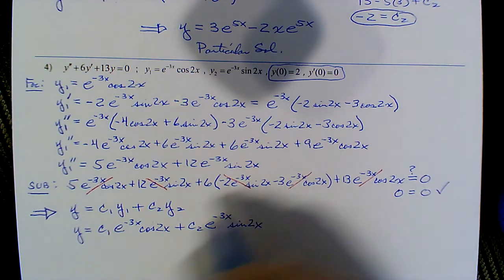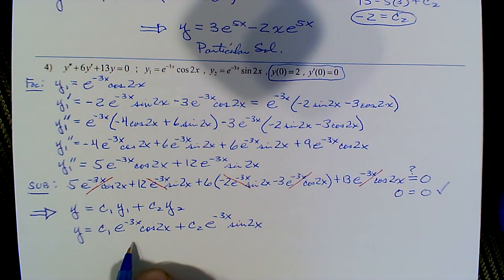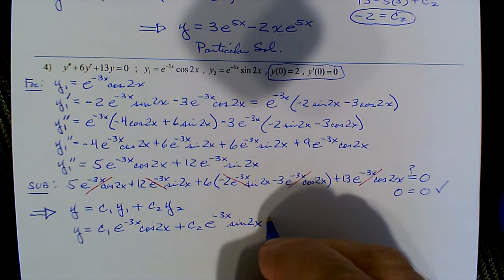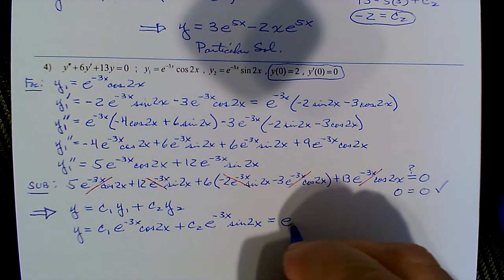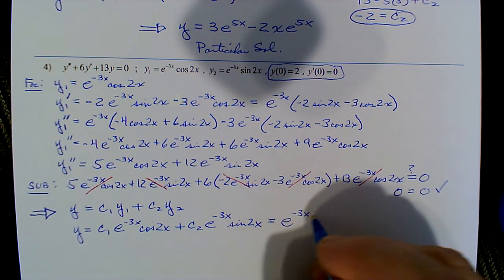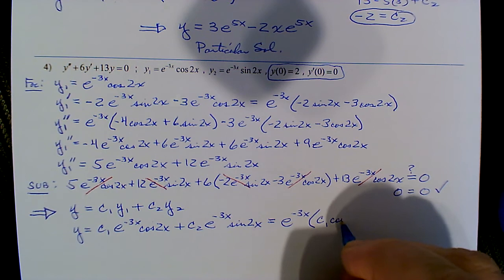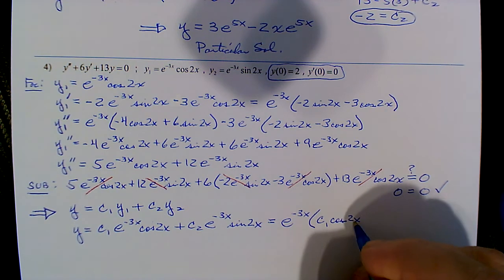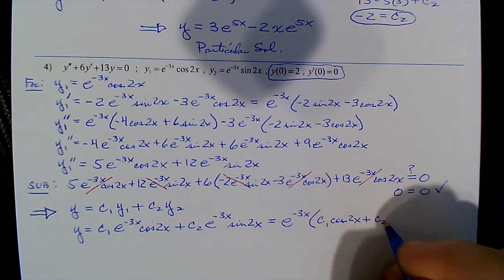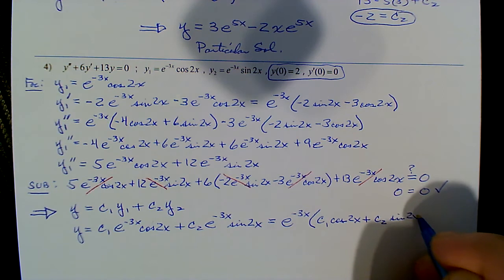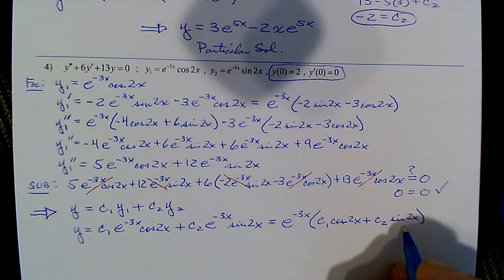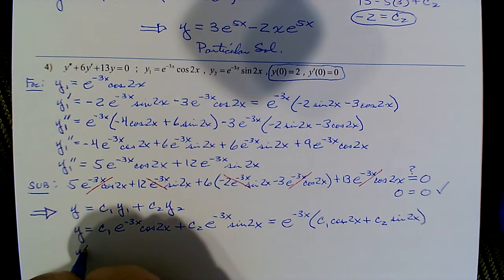So we need a first derivative for this general solution. If you want, instead of doing two product rules, once again, we can factor out the e to the negative 3x. So C1 cosine 2x plus C2 sine of 2x. Now use the product rule on that to find the first derivative.